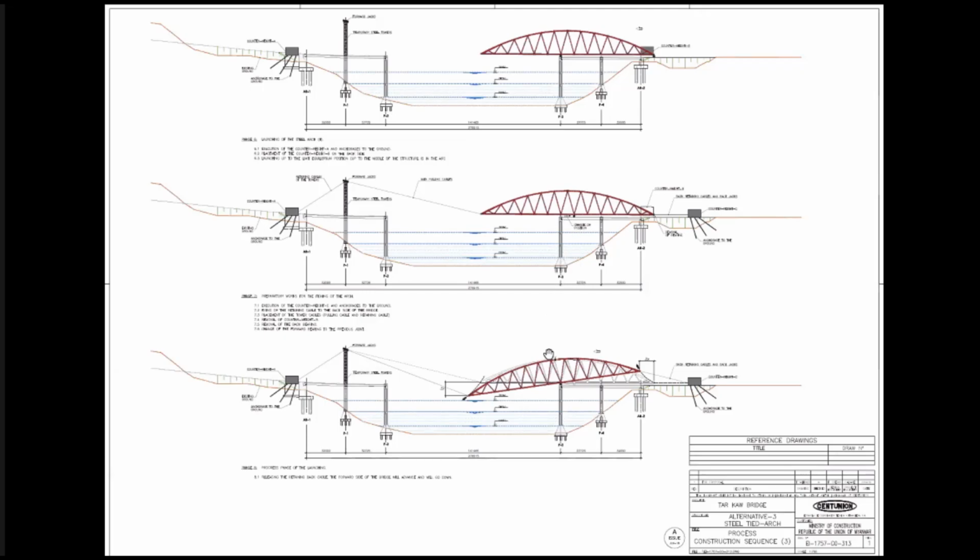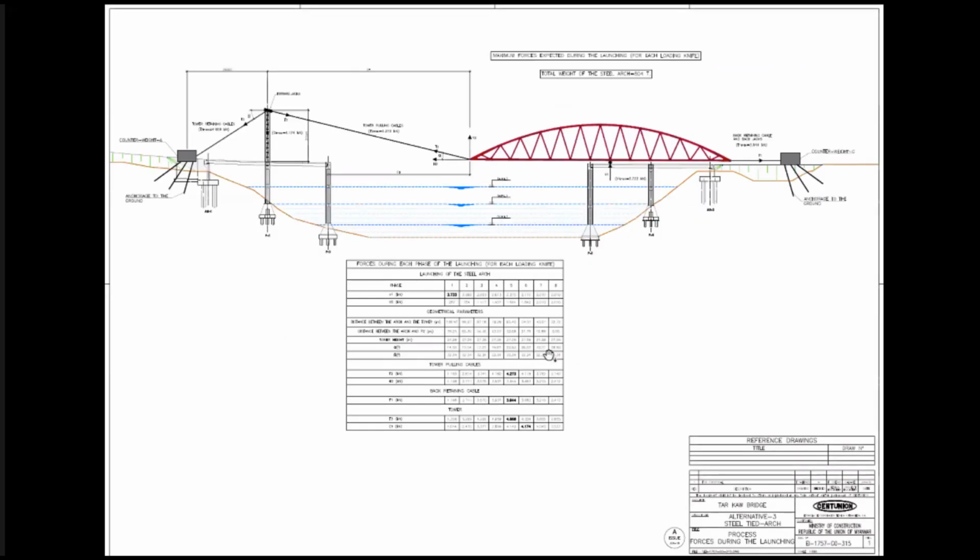Now, this is a beautiful technology which I really saw. The truss went into a little bit of imbalance, and then after that it is lifted up, right? So once it is about the entire weight, the back of the weight is on the piers. I will show you how.